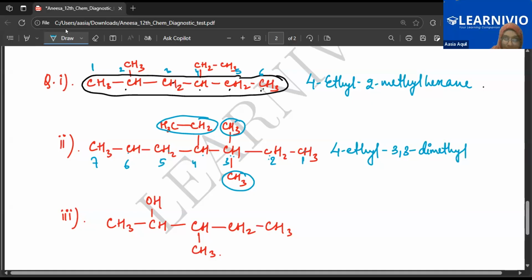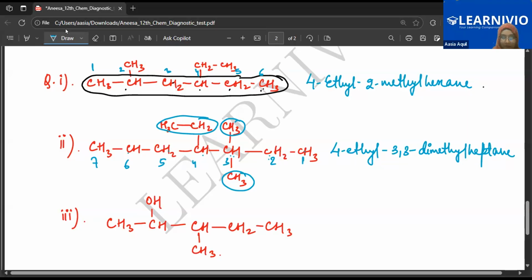And what is the parent root word? It's 7, so we use hept, heptane. That's the correct name: 4-ethyl 3,3-dimethyl heptane. Got it? Yes, ma'am.